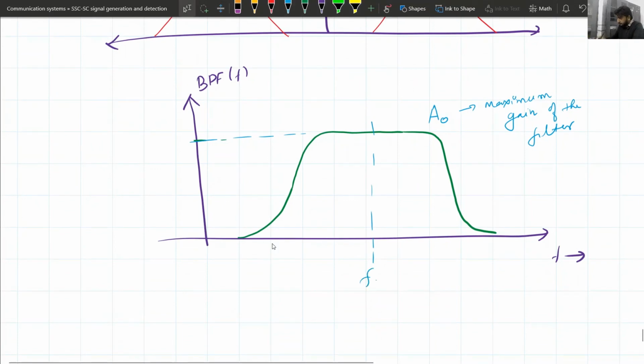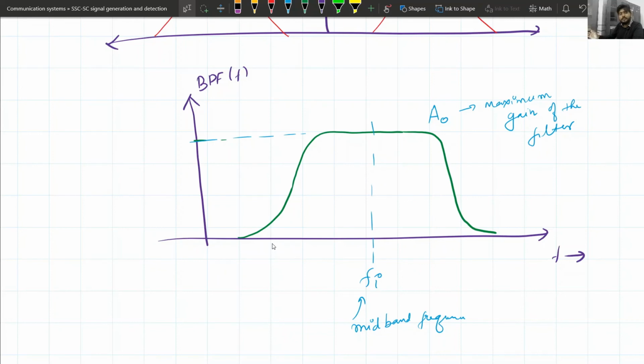Let's say Fi is called the midband frequency. Now, the purpose of the bandpass filter is to pass a certain bandwidth of signals through it and reject the signals that are not lying in its passband.